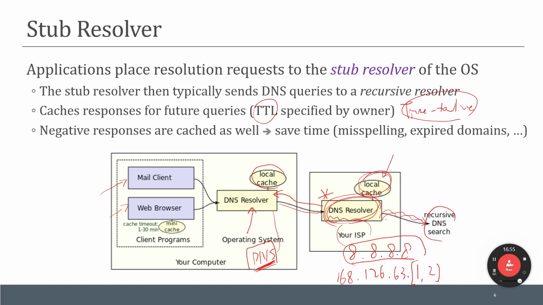Typically, this is set to 24 hours or more. And it's possible that negative responses are cached as well. Because if you think about DNS, it doesn't have an authentication mechanism. And the reason for using cache is to save your time, okay? Because it can give you a very quick response.